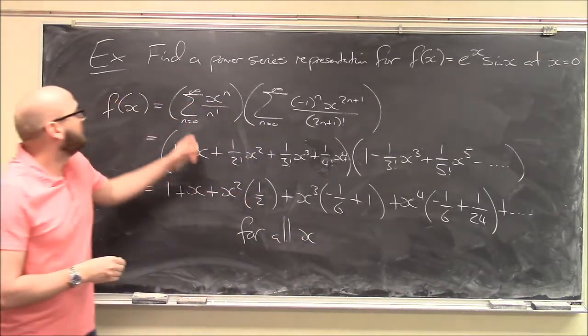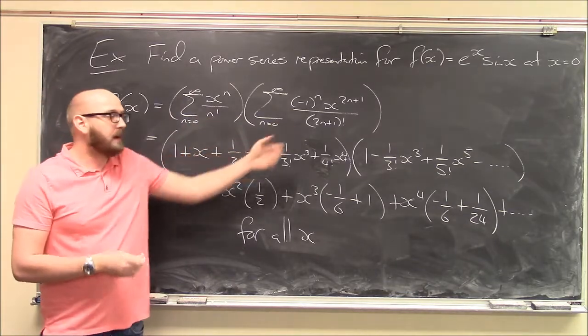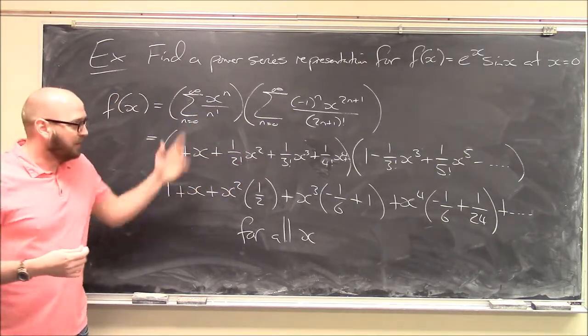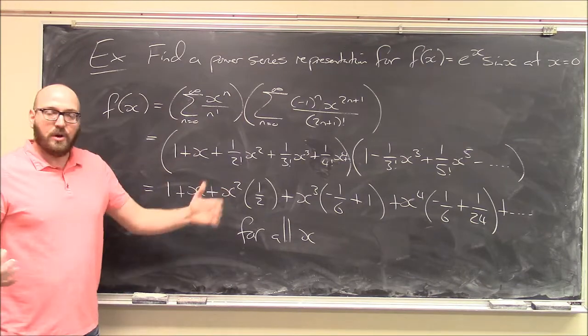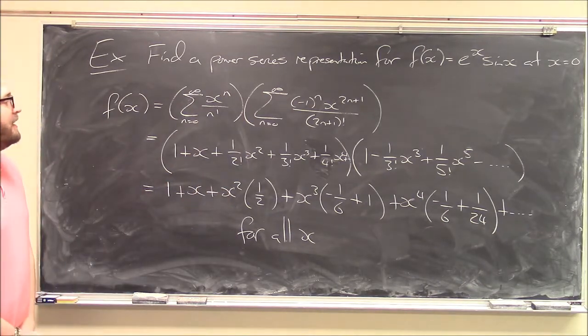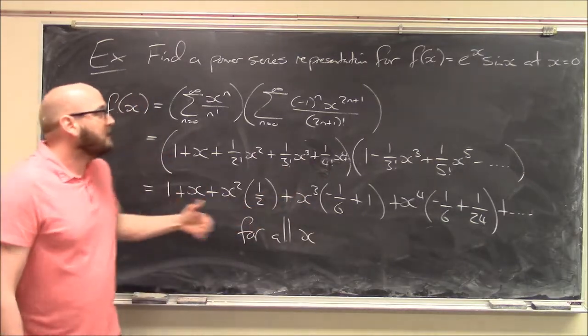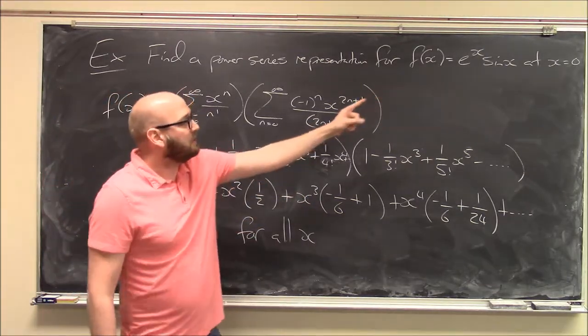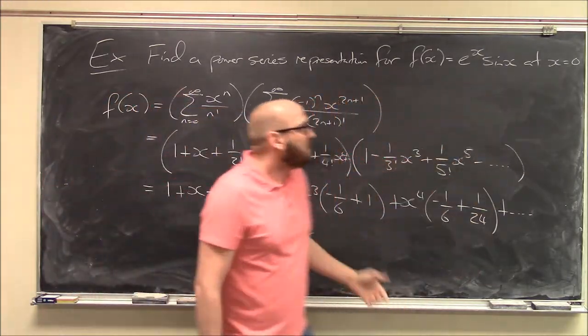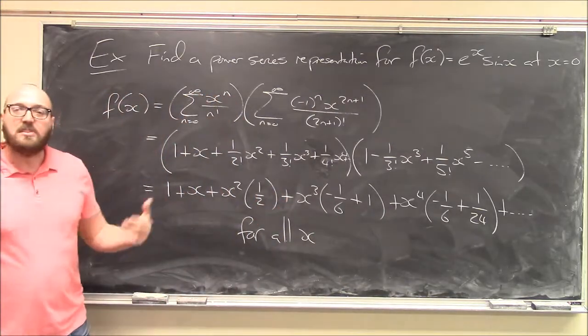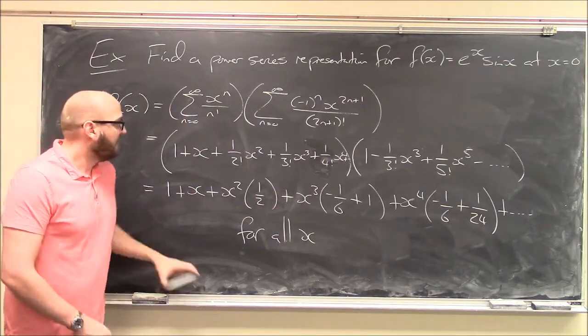Why? Because these original 2 power series converge for all x, so their product converges where they both converge, which is all values of x. So without having to do a whole bunch of differentiation, without having to prove convergence results, I just used stuff that I knew about the original 2 functions, and I used that to build a new power series. It's a much easier way to go about this. We'll do one more example.